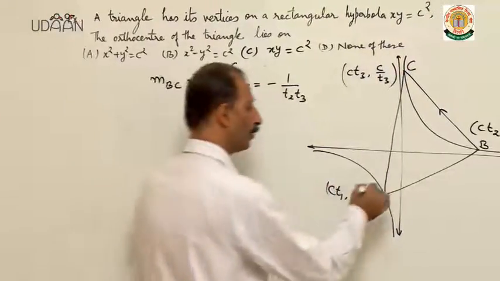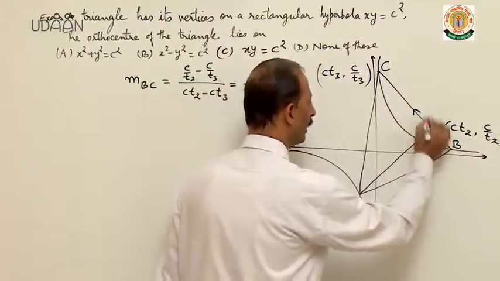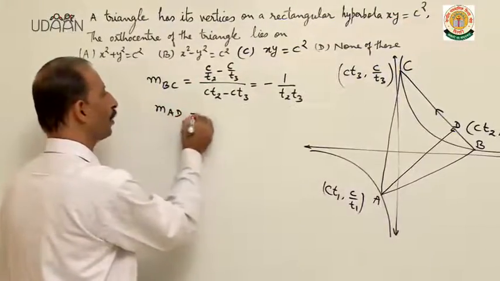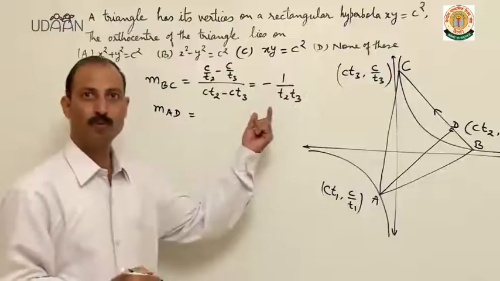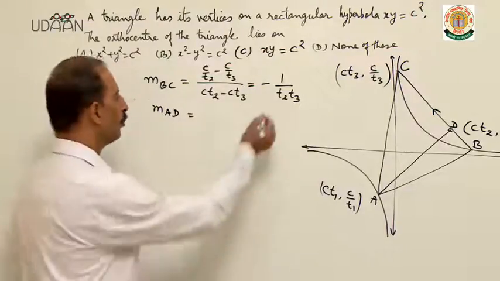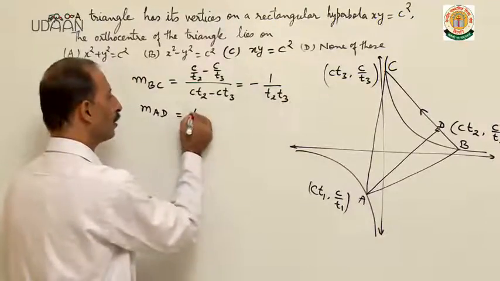Then if you draw the perpendicular from A on BC, say AD, then the slope of AD will be, if two lines are perpendicular, what is the relationship between their slopes? The slope of BC is known, so the slope of AD, being perpendicular to this, will be t2 t3.